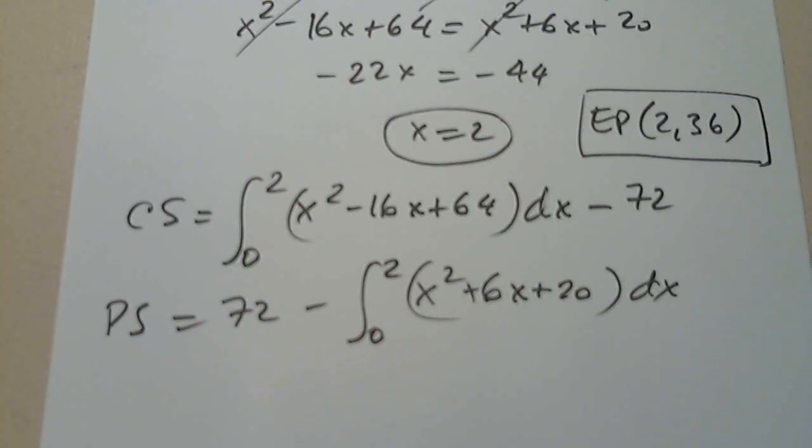72 minus the integral from 0 to 2 of x squared plus 6x plus 20.